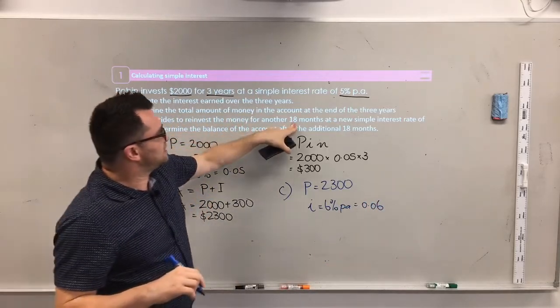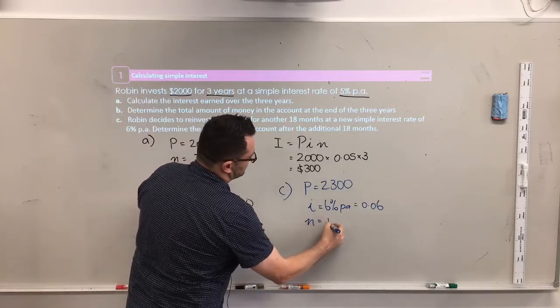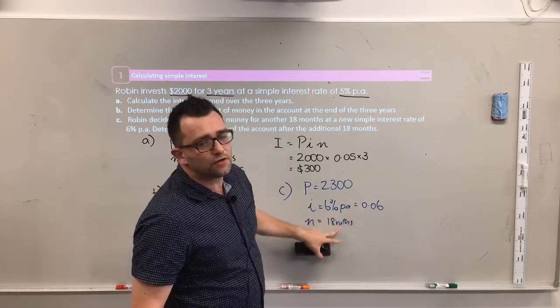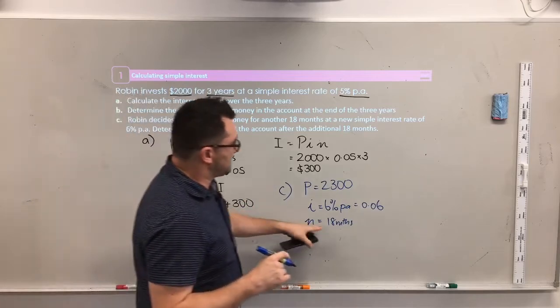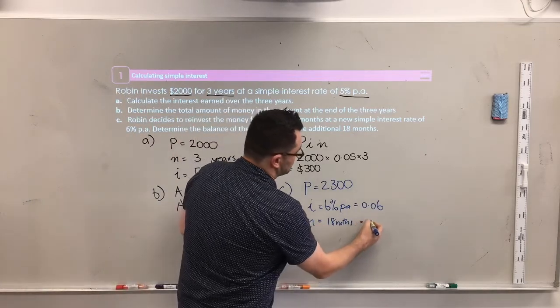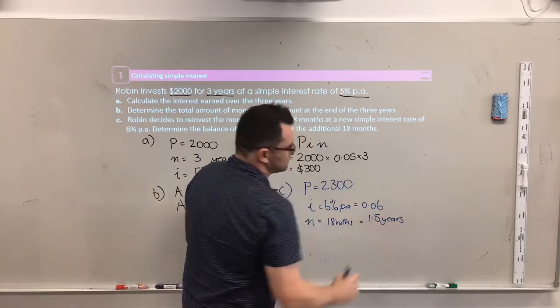And our time period is 18 months. So these are not the same units, so we need to put them into the same units. Easiest is probably to convert 18 months into years. So that's 1.5 years.